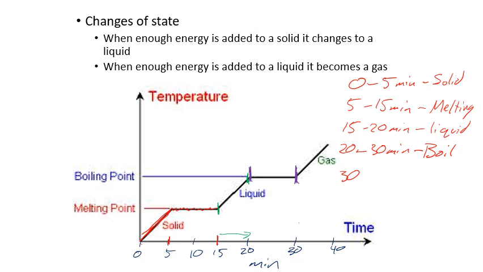So 30 minutes on, it's just a gas. Our changes of state, where it's changing from one phase to another phase, are this time right here and this time right here. And you can always find a change of state because it is the flat spot on a graph. So here's a flat spot on a graph and here's another flat spot on a graph. Those are changes of state.